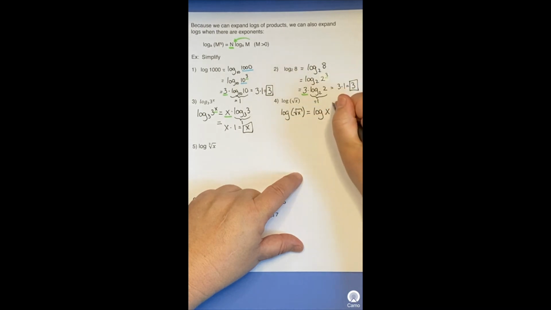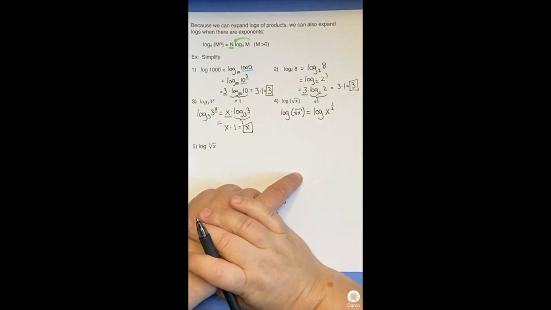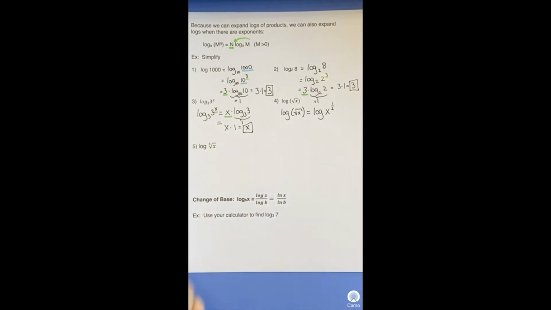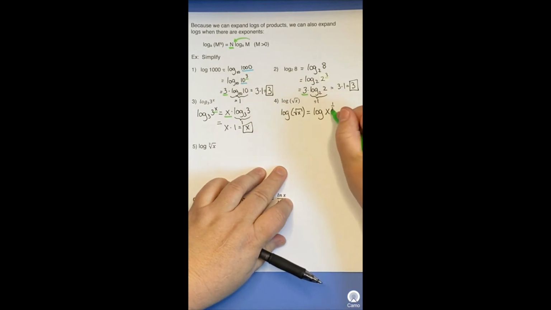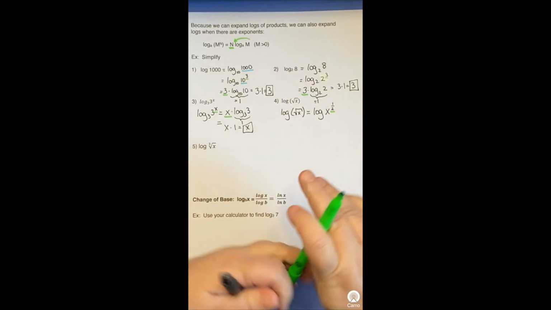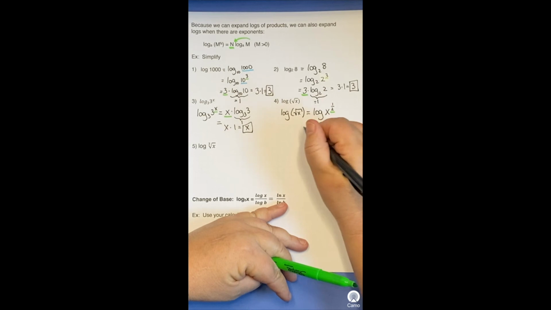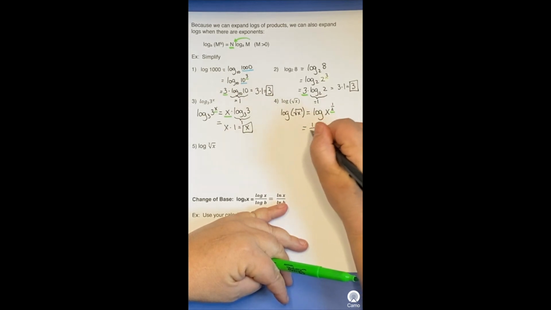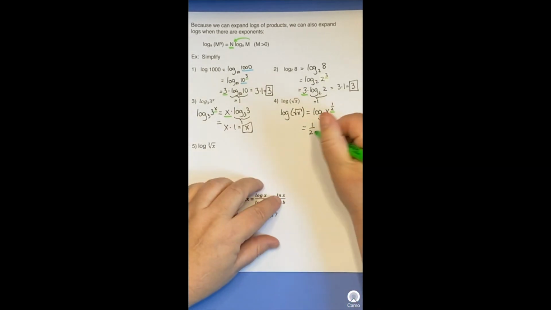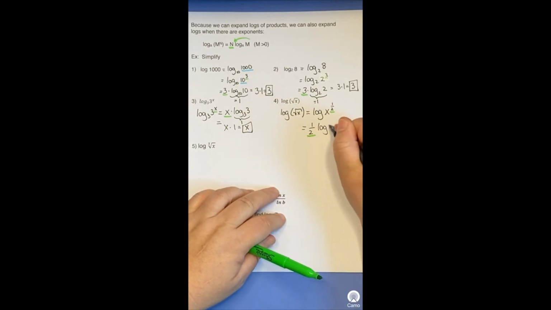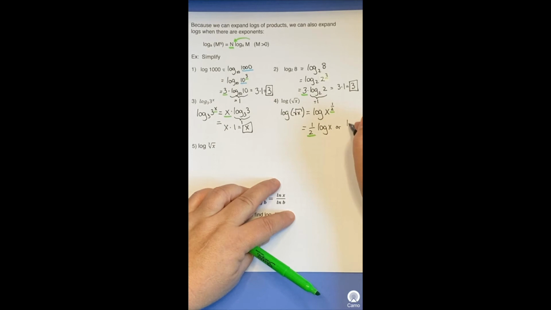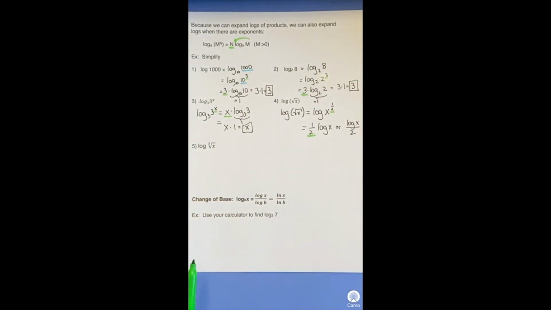Radical x is really just x to the 1/2 power. So what would we do? We take that exponent and we go all the way down in front. The 1/2 comes out in front, and then we've got 1/2 log of x, or log of x over 2. We could always write it that way.